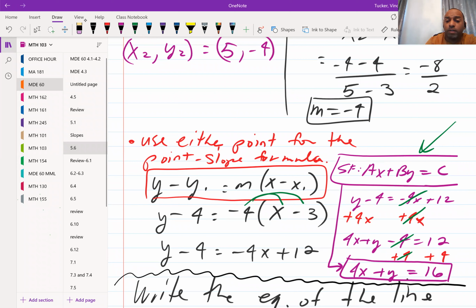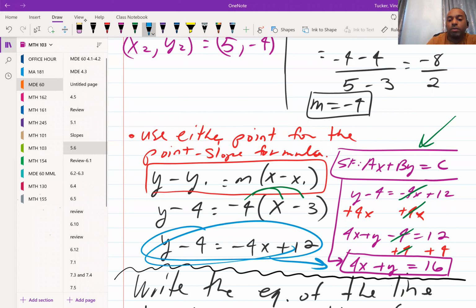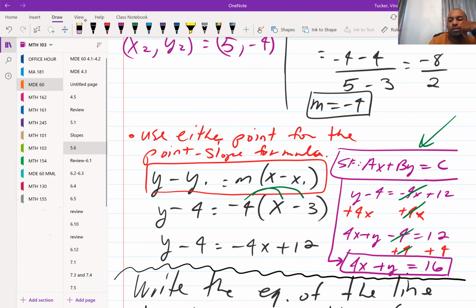I added 4x to both sides and then added 4 to both sides. So that put the 4 on the right, brought my 4x over to the left. And so my result is 4x plus y equal to 16. So I just took this and converted it to that form. Make sure you're okay before we leave the problem.